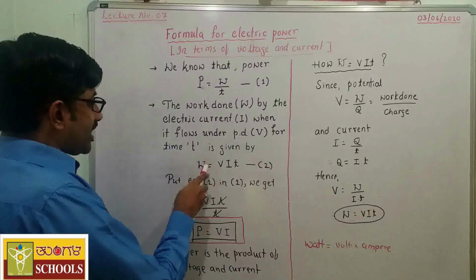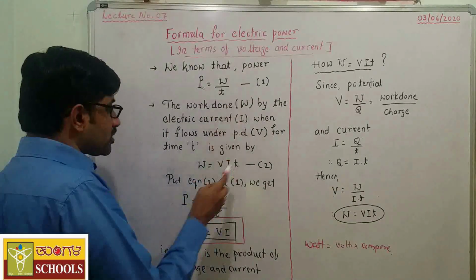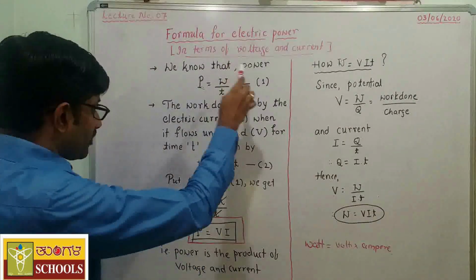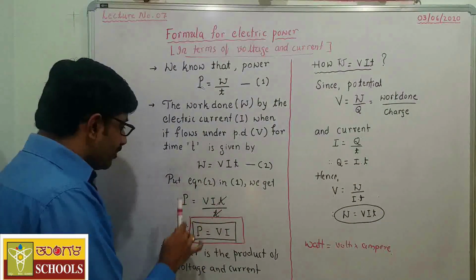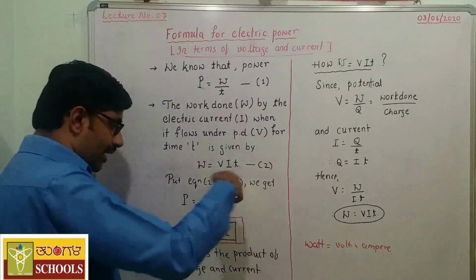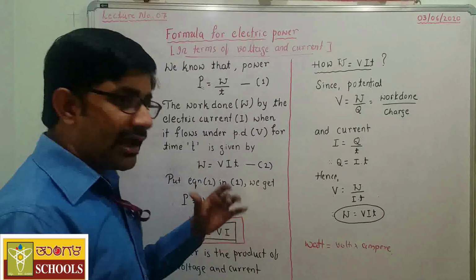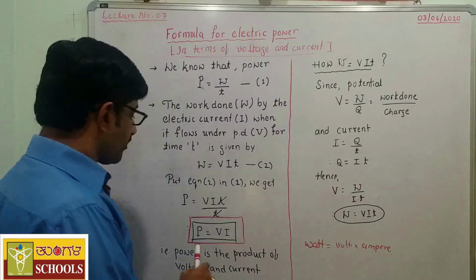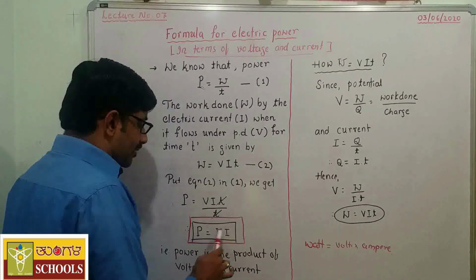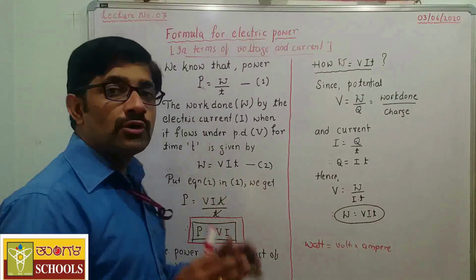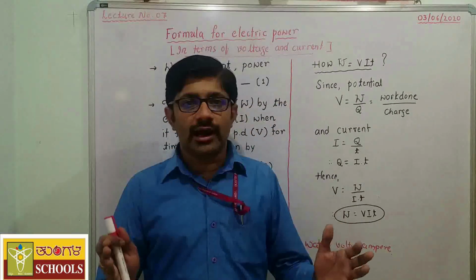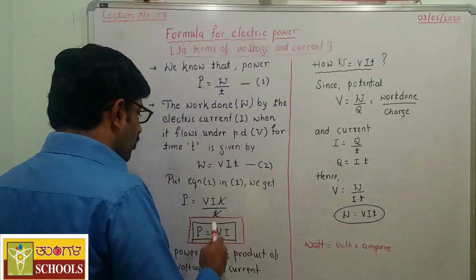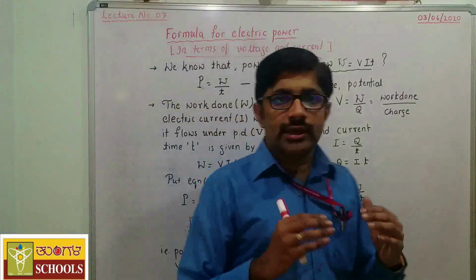So put equation 2 in 1 because we have the term W. Substitute the value for W, and hence equation 1 can be written as P is equal to VIT divided by T. Therefore the time in the numerator and the time in the denominator cancel each other, and you are left with V and I. The product of V and I is taken as electric power. Therefore voltage and current give the power.